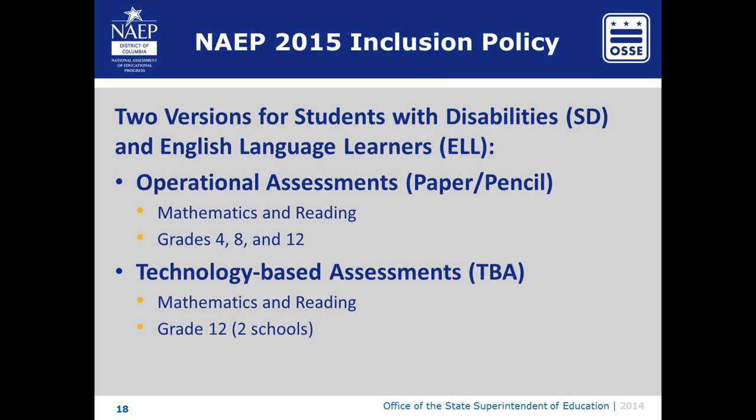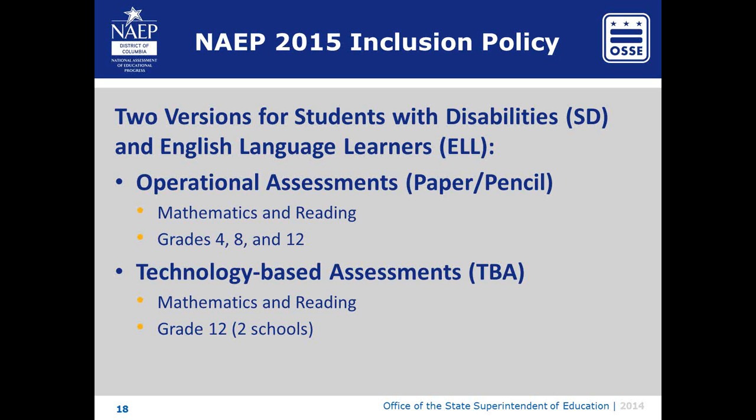There are two versions of the inclusion policy. Two for the operational assessment, which is the paper pencil, and two for the technology-based assessment. We only have 2 schools participating in the TBA pilot in mathematics and reading. Therefore, I'm not planning to spend a lot of time talking about those inclusion policies today.